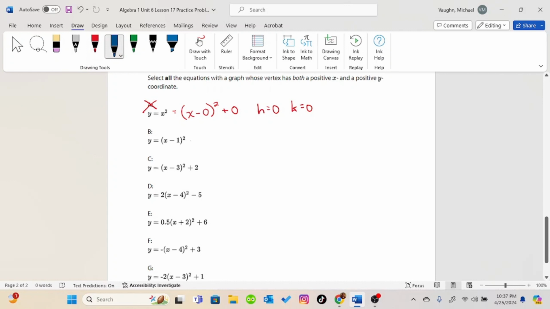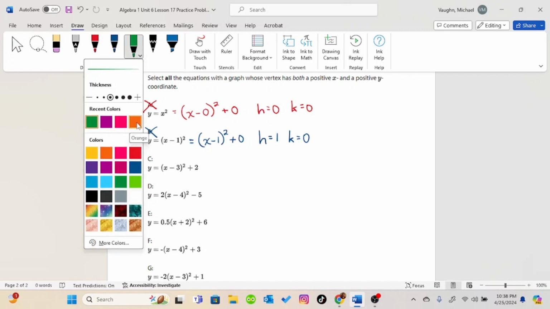On B, we could rewrite this as x minus 1 squared plus 0. That means h equals 1 and k equals 0. 1 is positive, but 0 is not positive, so B is incorrect.